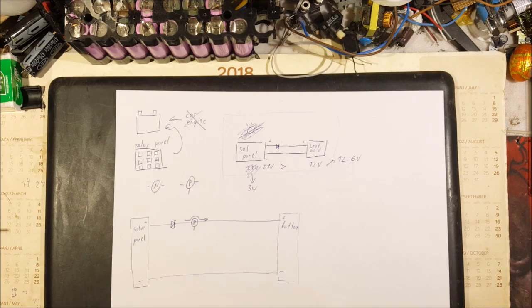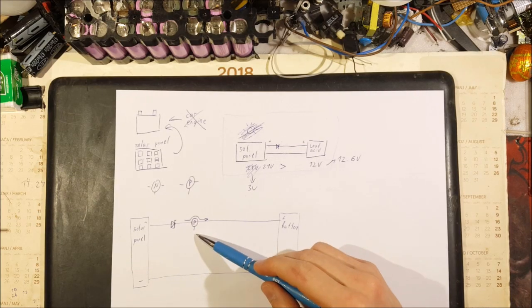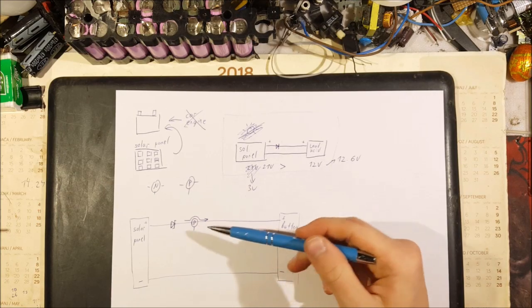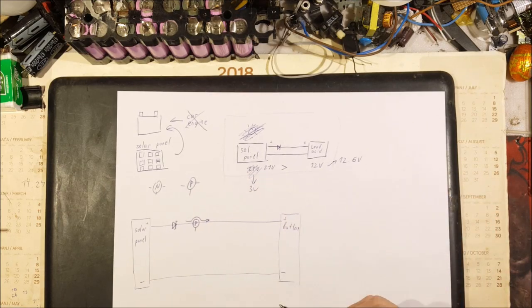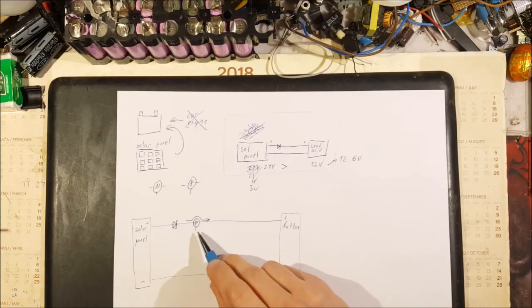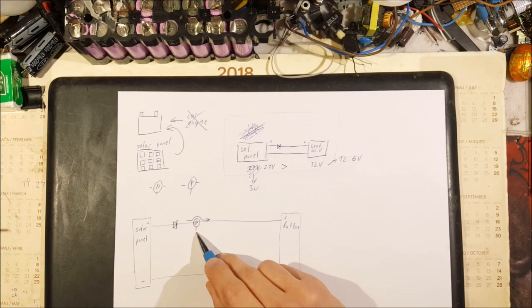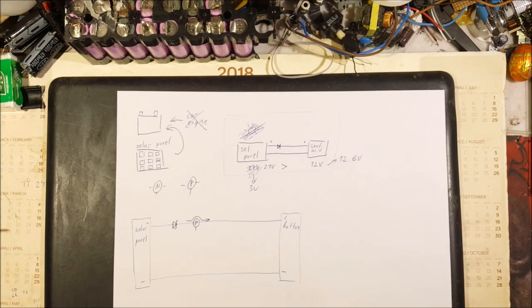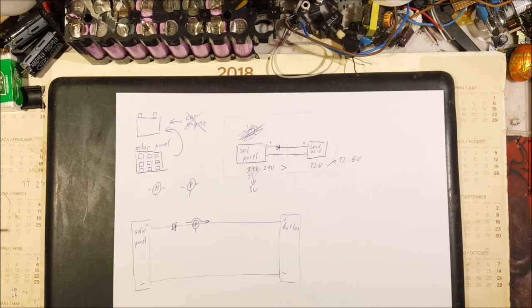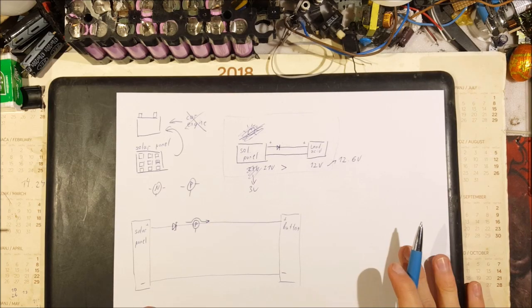And if we do not want the P-channel MOSFET to conduct, to act like an open switch, we want to pull this wire up to the positive rail. And how do we do that?